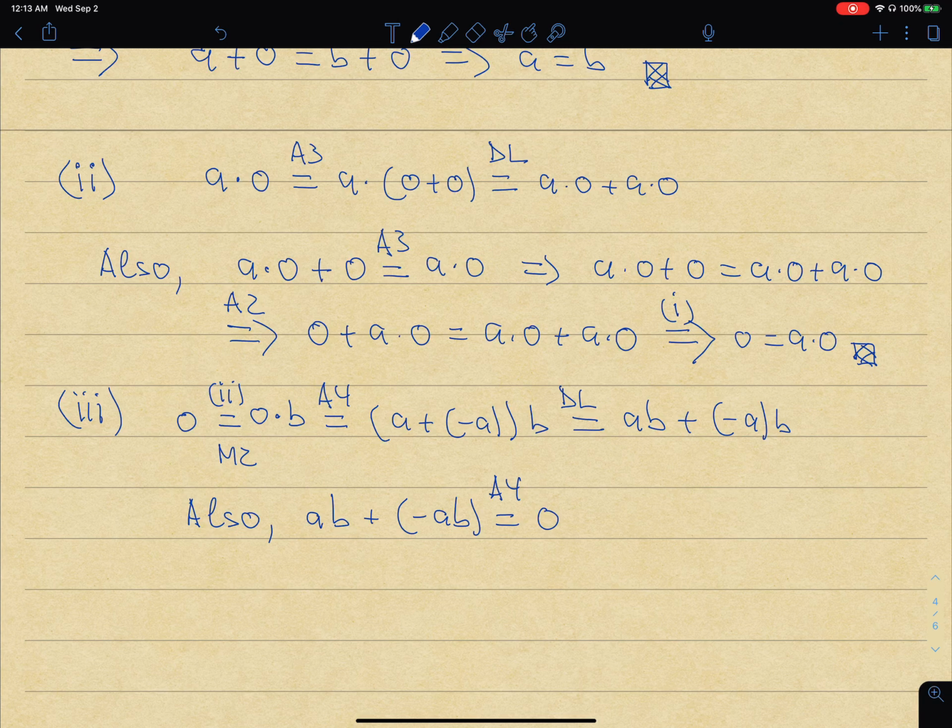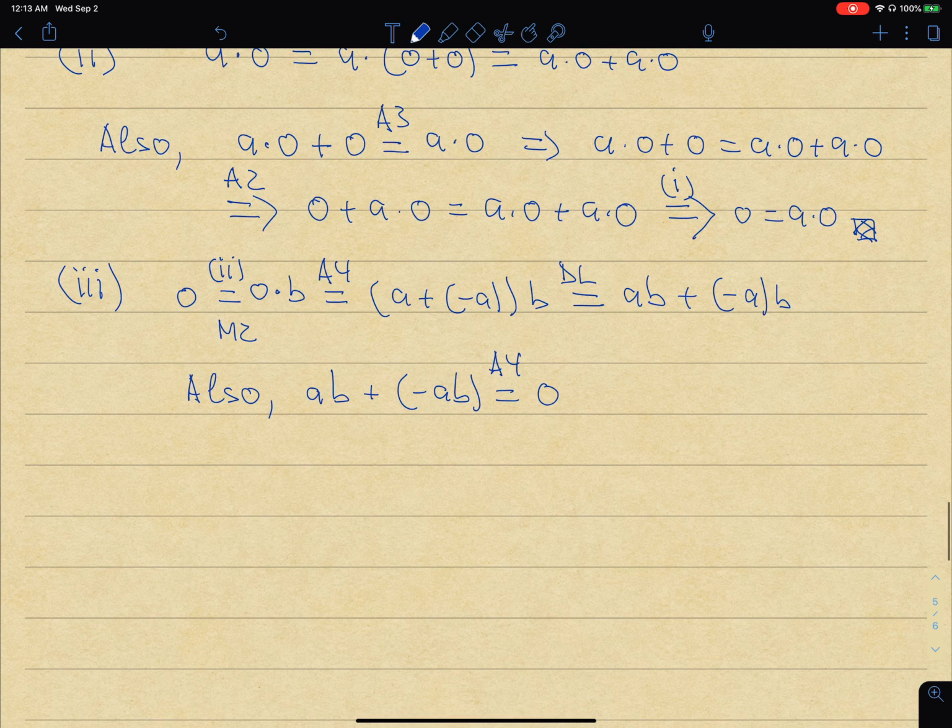So 0 on one hand is equal to this. On the other hand, it is equal to that. So therefore AB plus minus AB is equal to AB plus minus A times B. All right, so we have that.